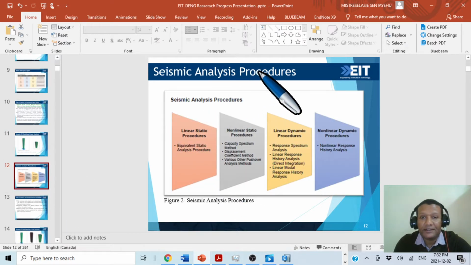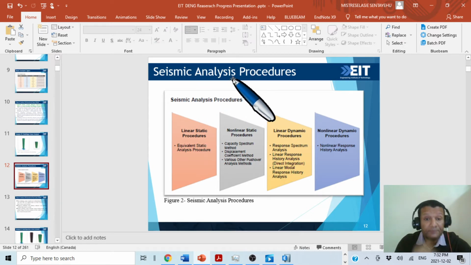So seismic analysis procedures, we have a lot of them. For example, linear static procedures, the equivalent static analysis procedure. We call it ELF. I will not perform it for this. We can include it, but I don't include it now.